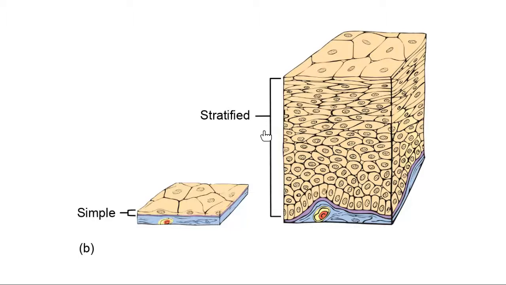If your epithelium has only one layer, we call it simple. If your epithelium has more than one layer, we call it stratified. It doesn't matter if we have 2 or if we have 4. When we have more than one layer, we call it stratified. This is the first name of our epithelium.